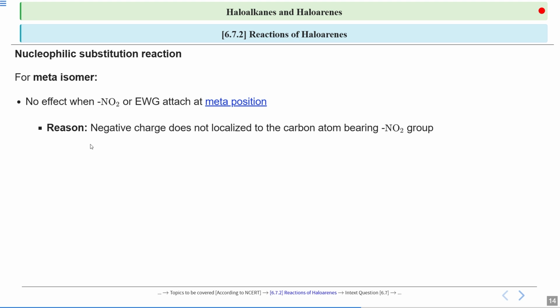When the negative charge comes after the attack of the nucleophile, the carbanion forms, and that negative charge does not localize on the carbon atom which is bearing the NO2 group in the meta isomer case. So when the nitro group or electron withdrawing group is present at the meta position carbon, the negative charge is not localizing there.